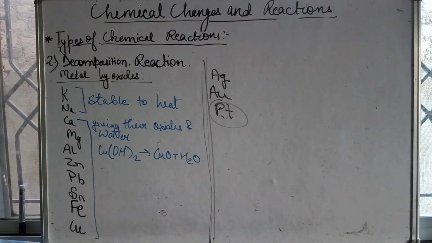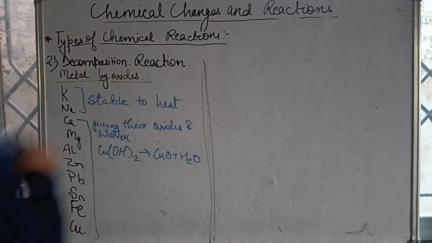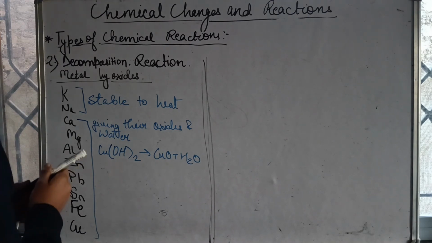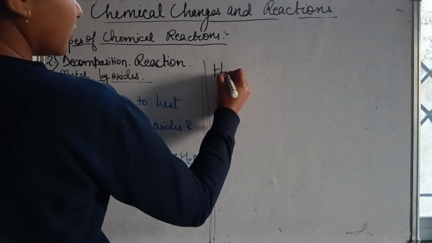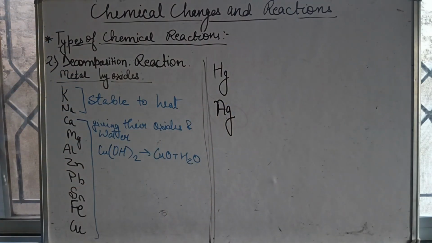But if we take the hydroxides of silver and gold, hydroxide till silver, then it will not give their oxides. Again, I had written the reactivity series to show till which element it will work.